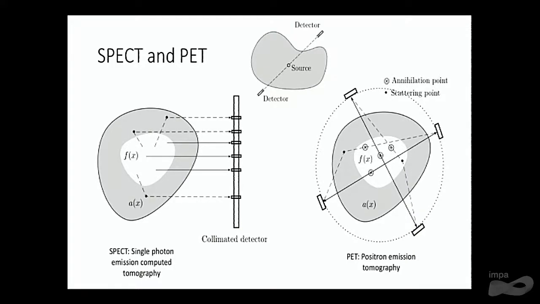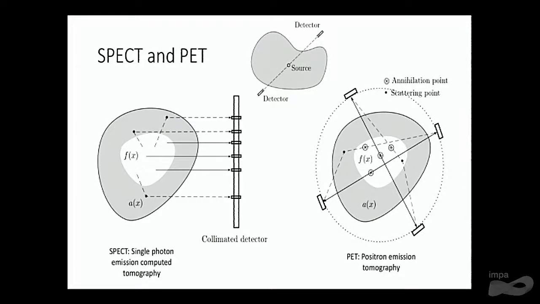This detector can be collimated or not. Collimated means that it receives the signal in just the parallel, the transversal direction here, and here it's not collimated. You can receive photons in all the directions. So this is the first difference between PET and SPECT.